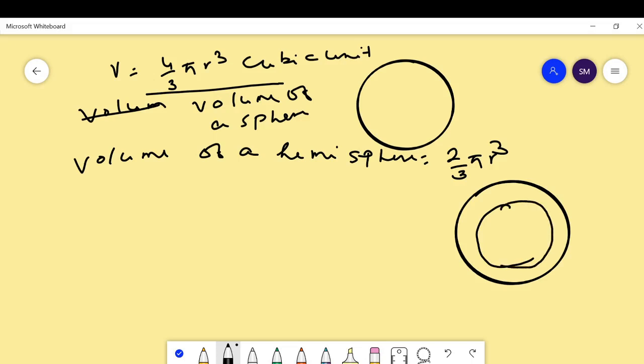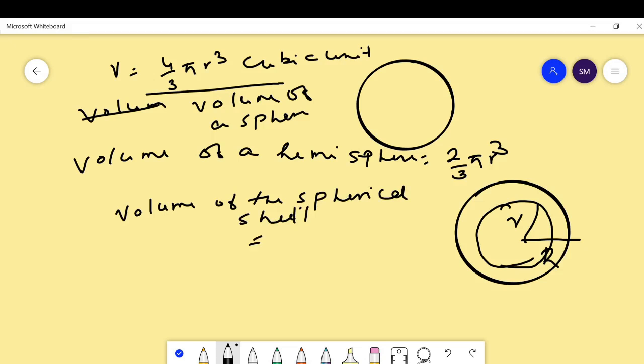of outer radius capital R and inner radius small r. Then the volume of the spherical shell whose outer and inner radius are capital R and small r respectively, the effective volume of the spherical shell, is equal to 4 by 3 pi into R cube minus r cube.